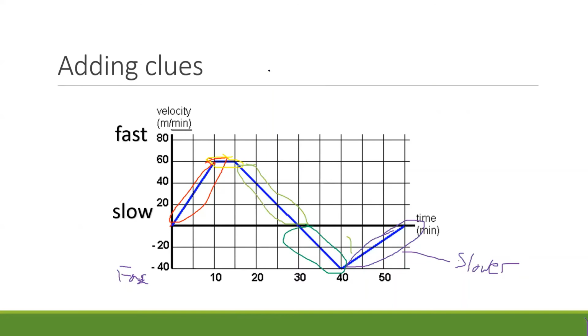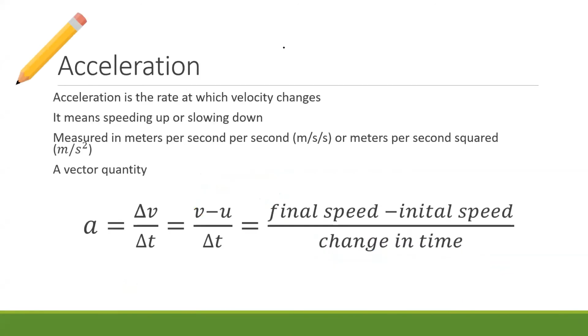How sharp are these lines on this velocity time graph? Are we going from 0.5 to 3 meters per second in 1 second, or in 10 seconds? That changing of speed has a name. That name is acceleration.